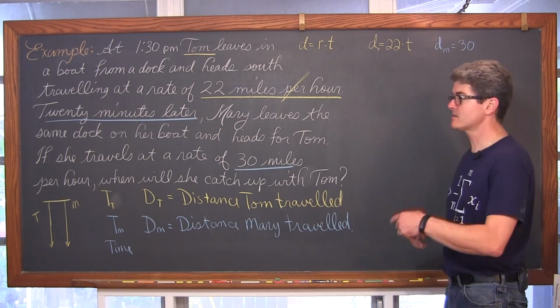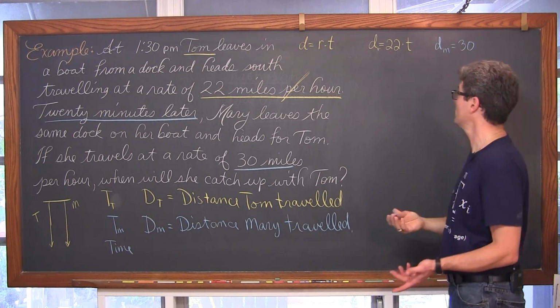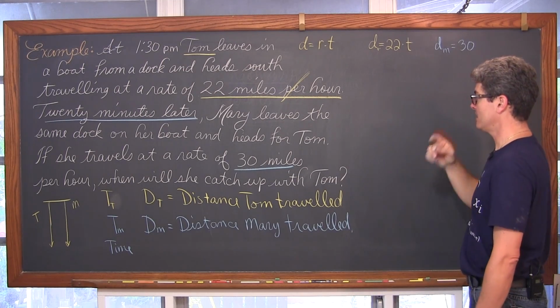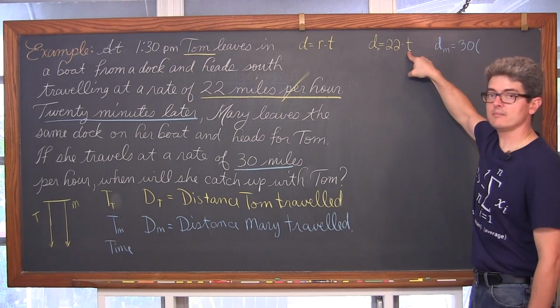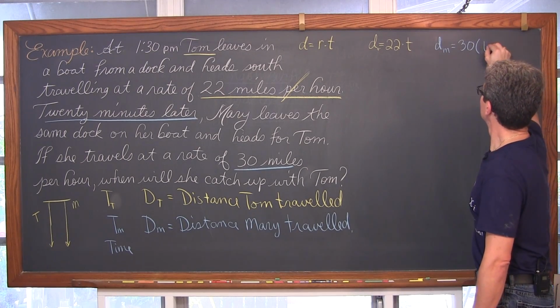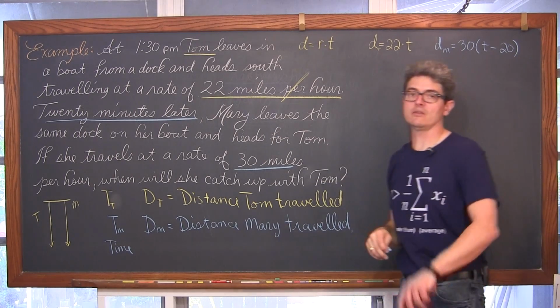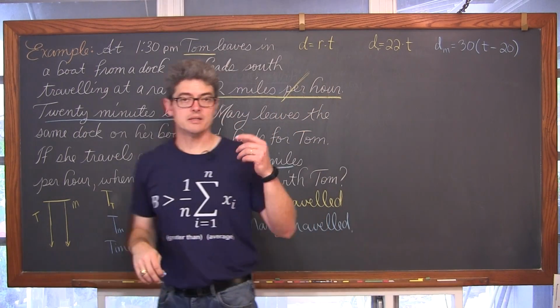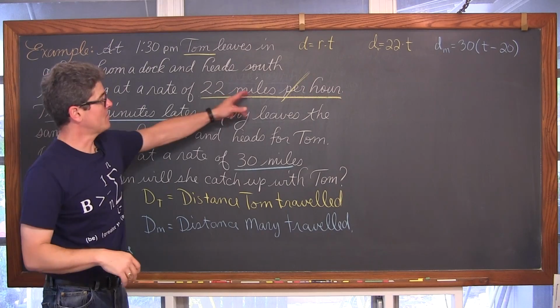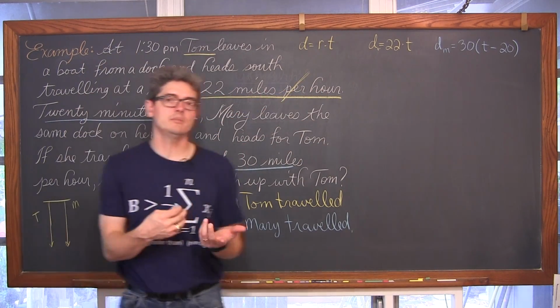Now it says she left 20 minutes later. So you might go, well, whatever amount of time Tom drove the boat, Mary went 20 minutes later, but that's going to get you the wrong answer, because it's not 22 miles per minute, it's 22 miles per hour. So we need to change that 20 minutes.